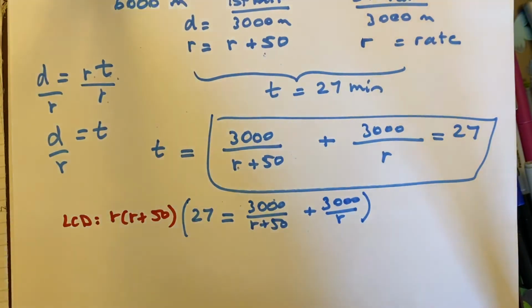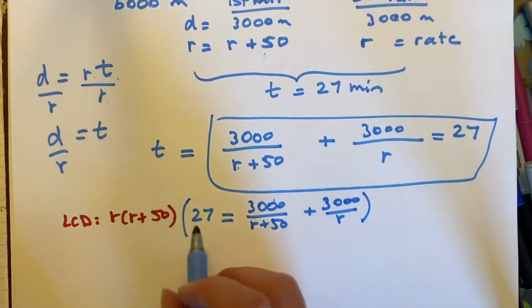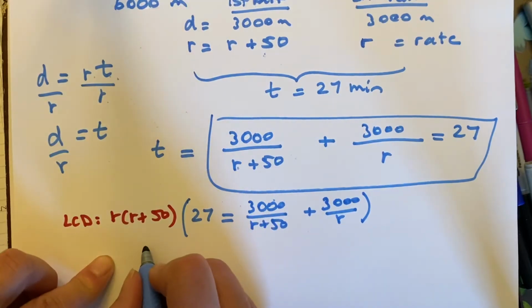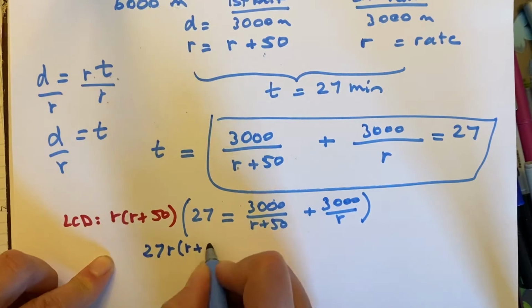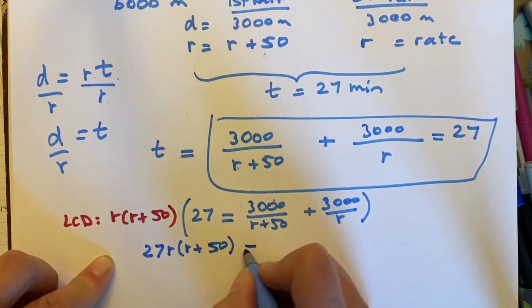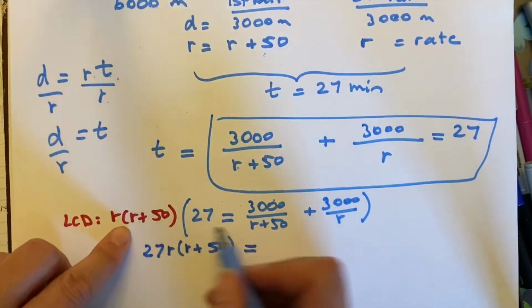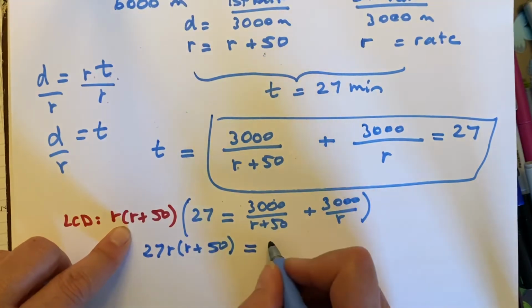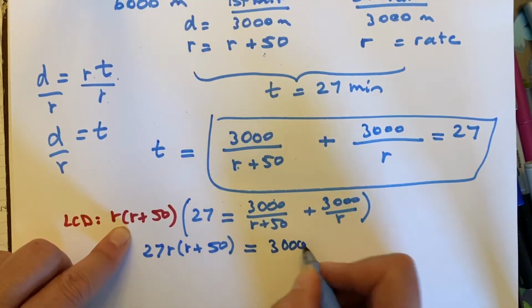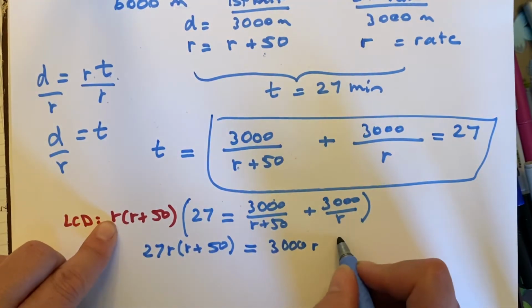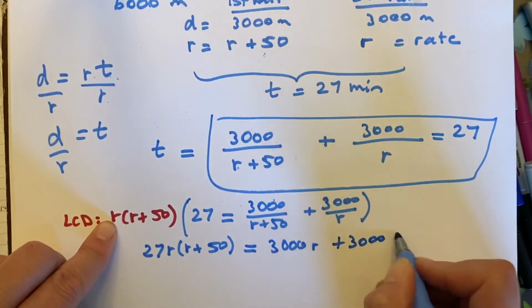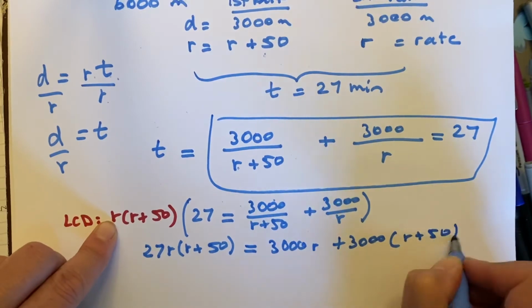When I distribute this r times (r + 50), on this side I get 27r(r + 50) equals, this r plus 50 and this one are going to cancel out, so 3,000r. And here, the r's are going to cancel out, and I'm going to get 3,000(r + 50).